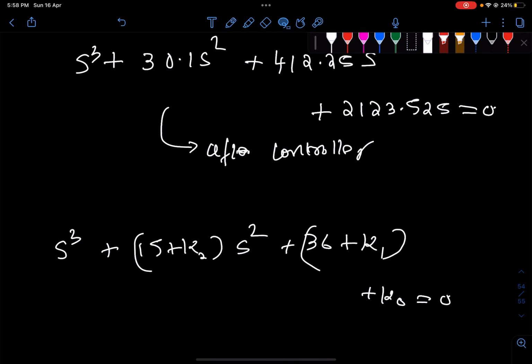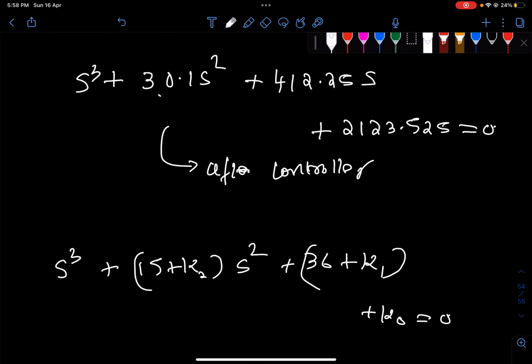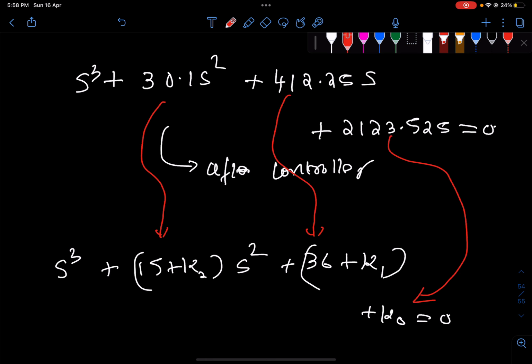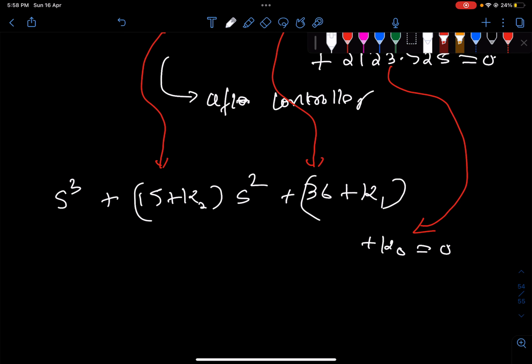Now we want to get k. What are k0, k1, k2? We can compare these easily, term by term. So what is k0? k0 can be 2123.52, and k1 is what?